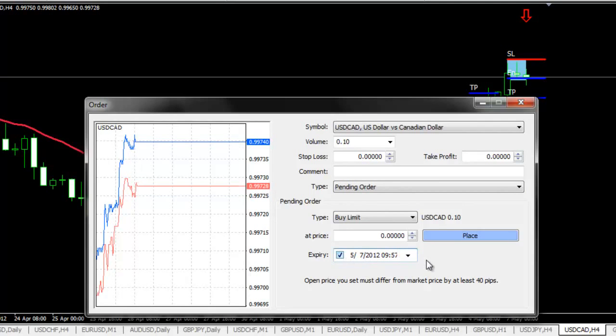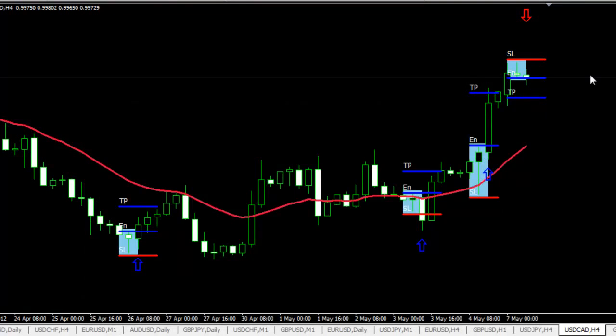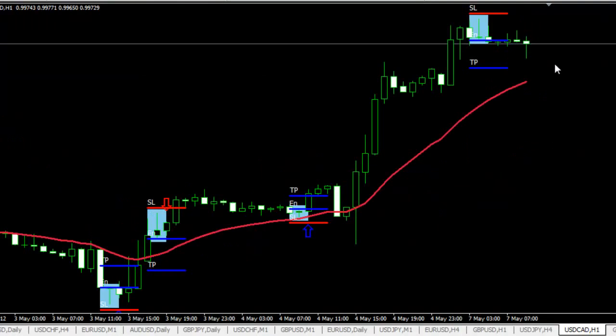If you are on the 4-hour time frame, set it to expire after 4 hours. In this case, you don't need to watch the chart, and if it doesn't break in the first candle, which is the same time frame as we are placing on, it will not enter the trade. Here I have 1 hour on USD CAD; if we had followed the same rules, we could have had a really nice outcome on many signals.